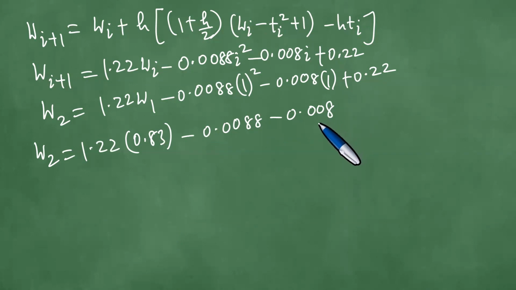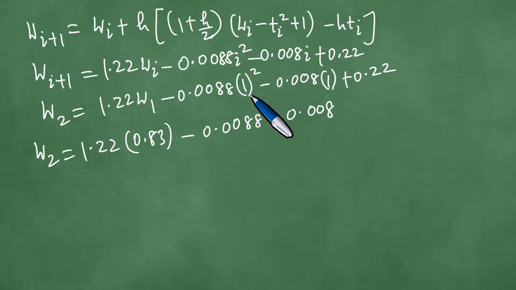Okay, just watch this out. We're dealing with W2, so this is W1. This is 0.83. Just need to check this. 0.008.